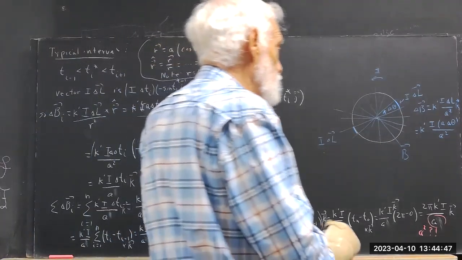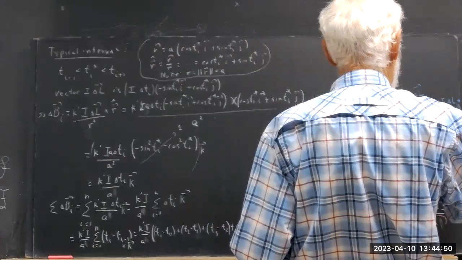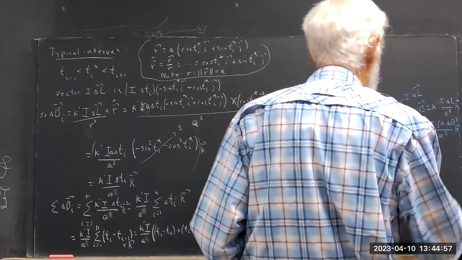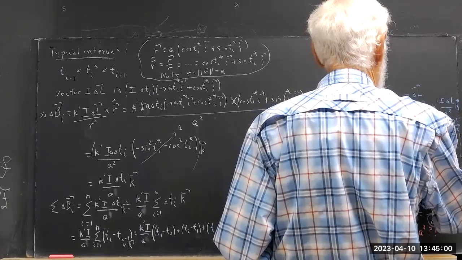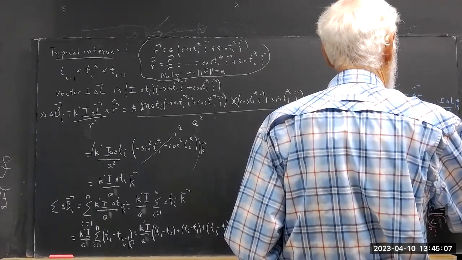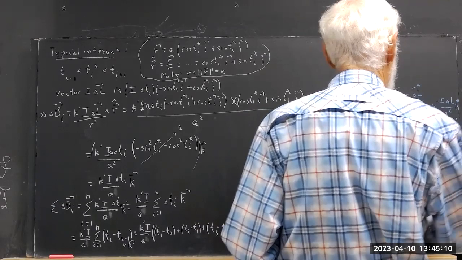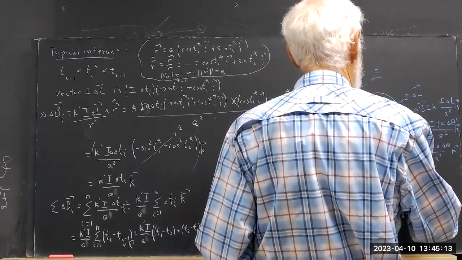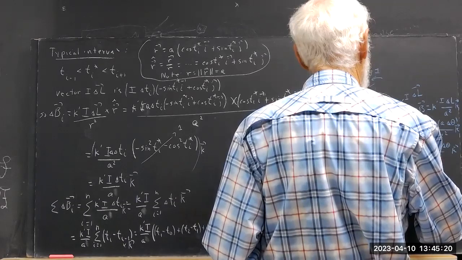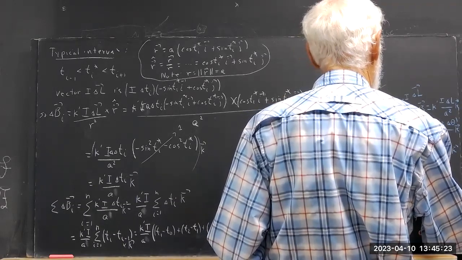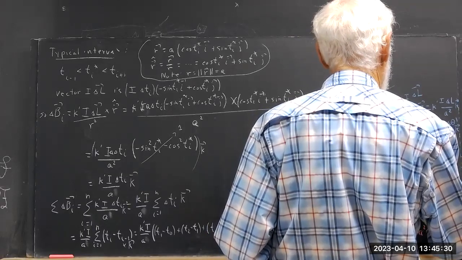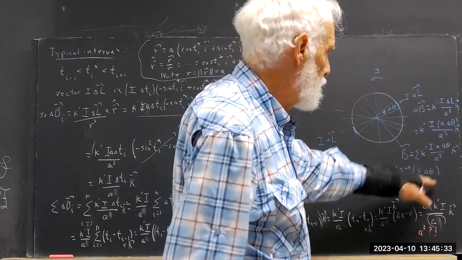Okay, well, anyhow, if you sum this up, you get this, and the sum of all your delta thetas is just 2 pi.